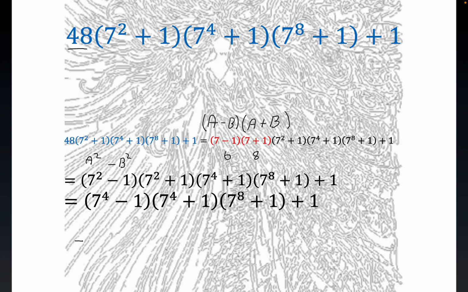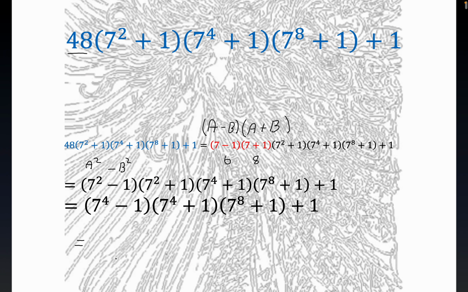Well, this would be 7 to the 8th minus 1 times 7 to the 8th power plus 1. Now you kind of see why this 1's hanging around at the end. So you have 1 here. It was part of the original problem.